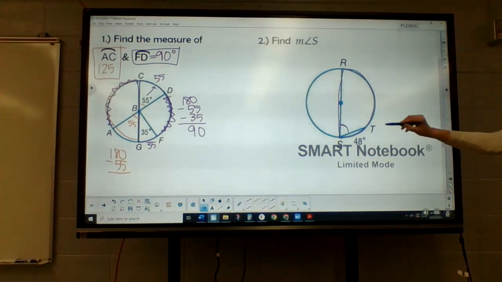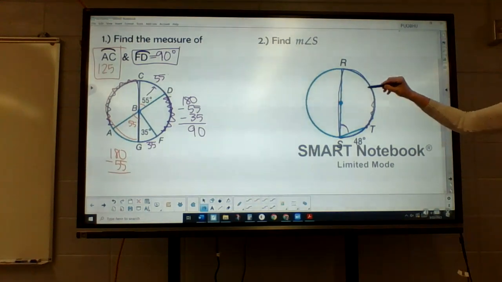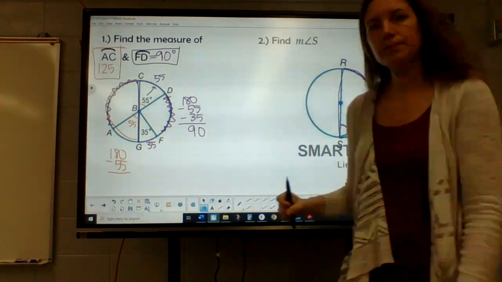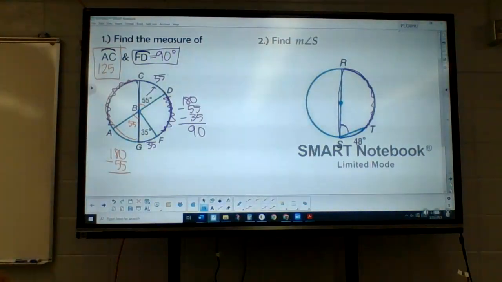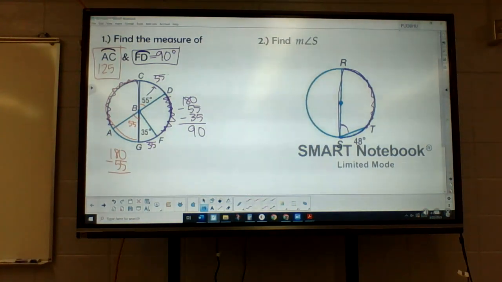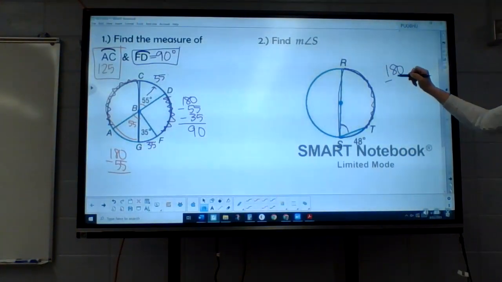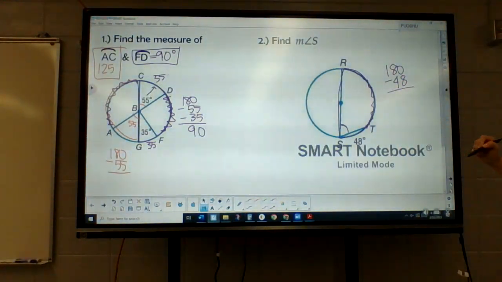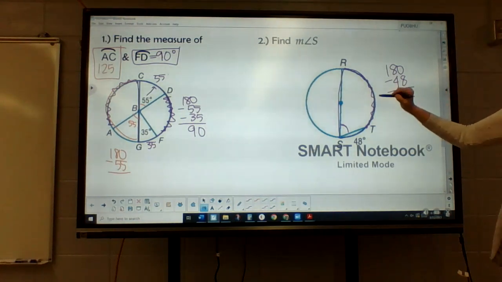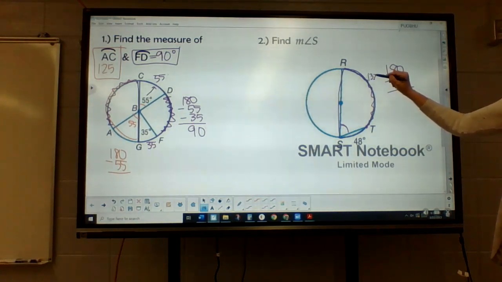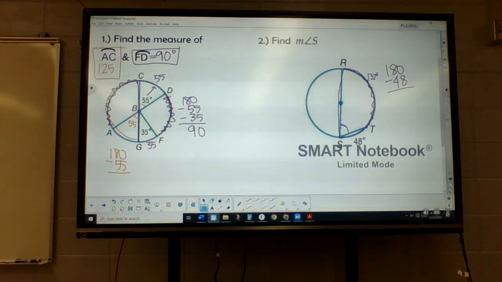So do I know R to T? Do I know that little chunk? Yes. 180 minus 48. So for that we get 132, right?